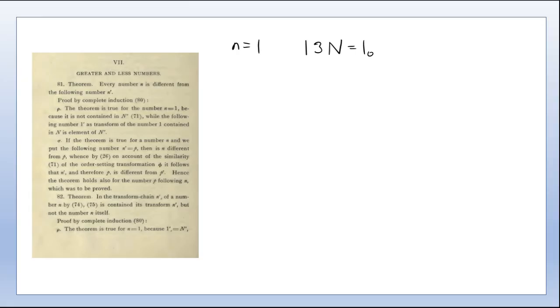So if we take our system to be equal to 1, then we know that 1 is a part of its chain, 1 naught. So therefore 1 is a part of N, but that's by definition anyway. But we also know that 1 is not an element of N primed.